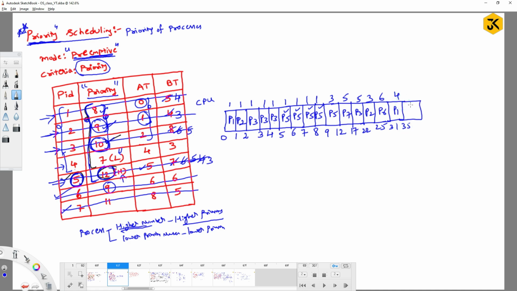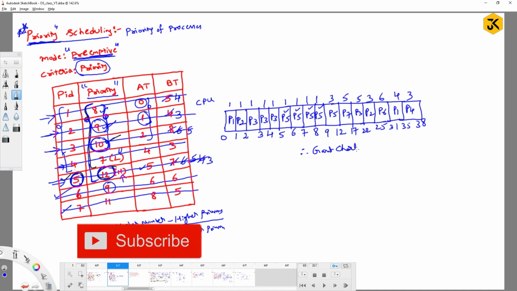Then the next highest priority is P4, which will execute for 3 intervals, done by 38. I think all processes are done. So this is the Gantt chart for the given data set with the priority scheduling algorithm.